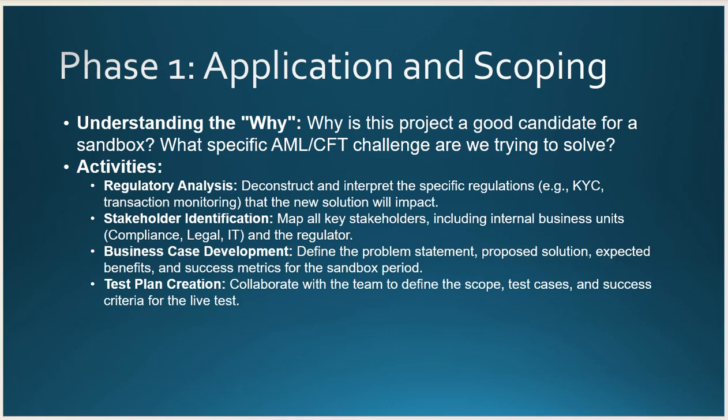Then the stakeholder identification, which is a key important topic. Map all the key stakeholders, including internal business like compliance, IT, legal, the operations team, or higher management, and the regulator, to understand the regulatory teams and different teams.